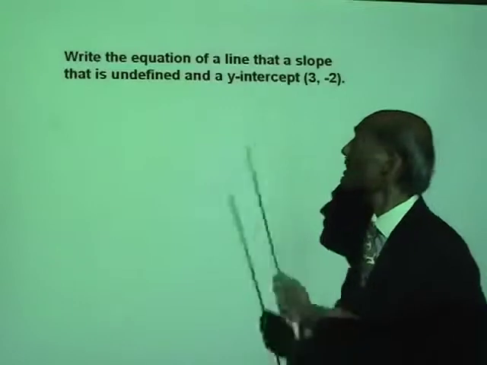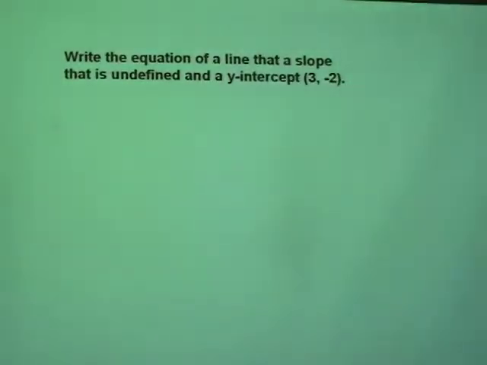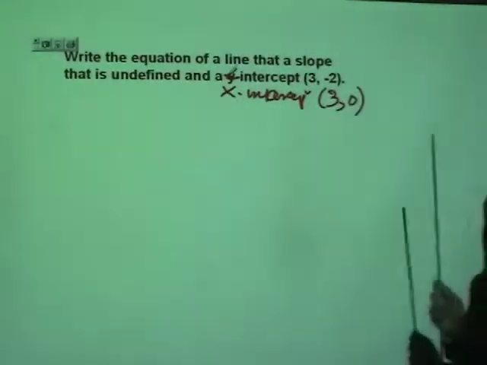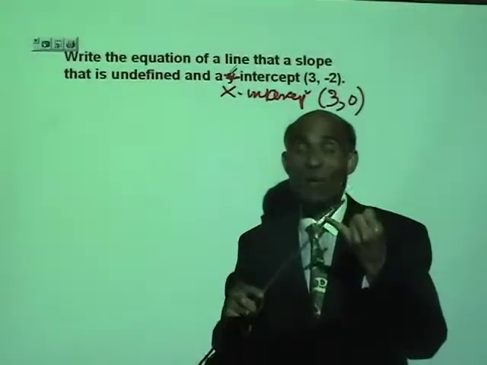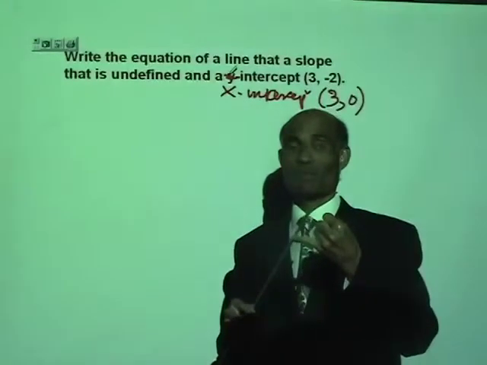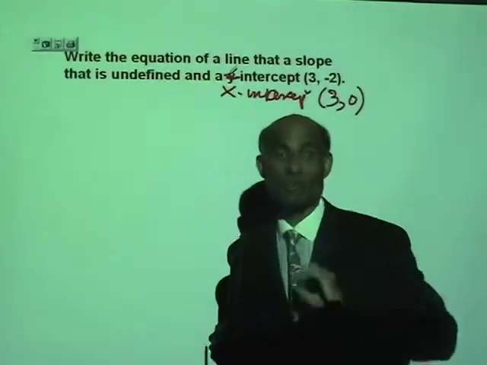Now, I'm going to make a correction here. The given quantity must be the slope is undefined and instead of the y-intercept, I'm going to give you the x-intercept. Alright, the x-intercept is 3, 0. So notice that you must understand by now that for a y-intercept, the value of x is 0.